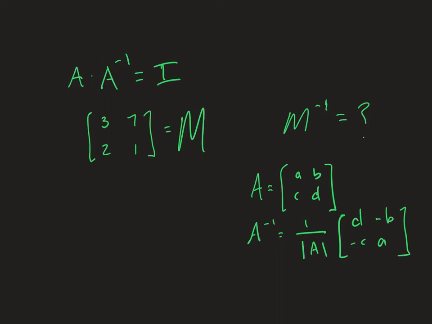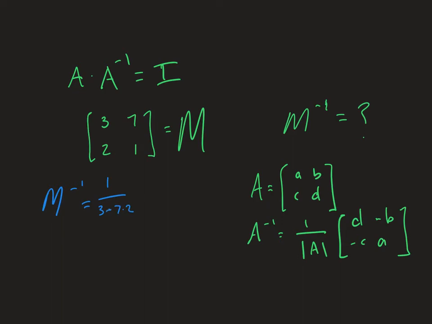So let's look at our matrix M over here. Based on our formula, M inverse equals 1 over the determinant of M, which equals 3 times 1 minus 7 times 2.